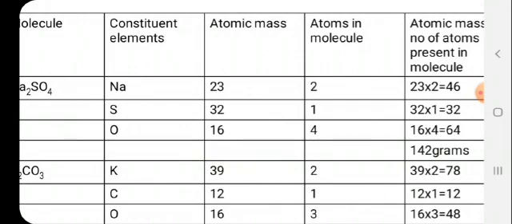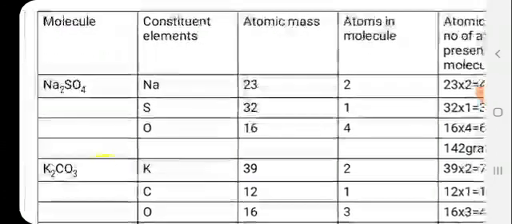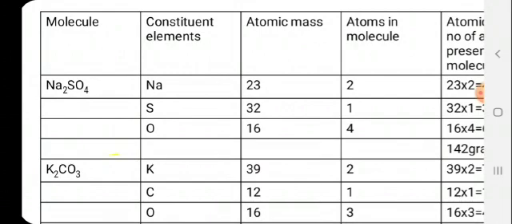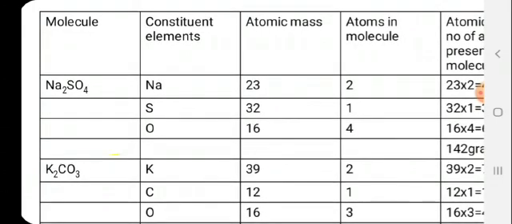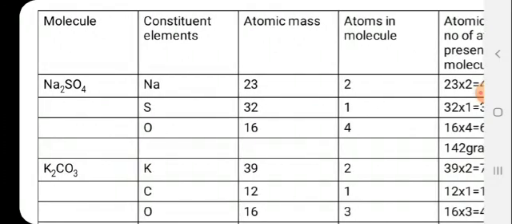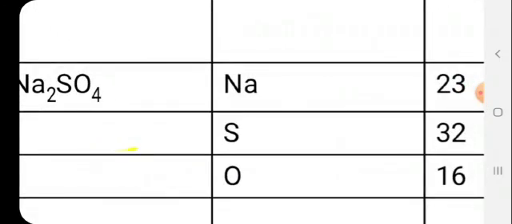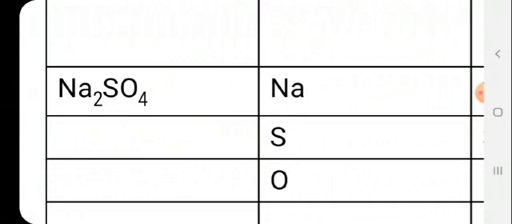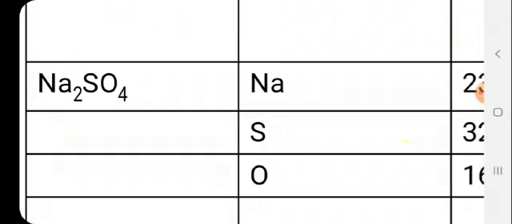Now, number of atoms in molecule. If you look at the chemical formula of compound Na2SO4, you will see there are 2 atoms of sodium, single atom of sulfur and 4 atoms of oxygen taking part in formation of the compound Na2SO4.